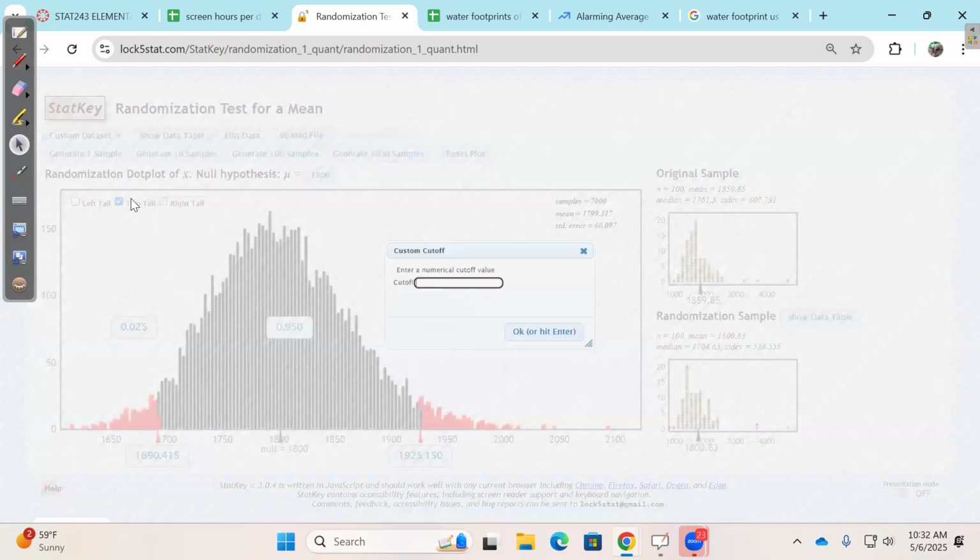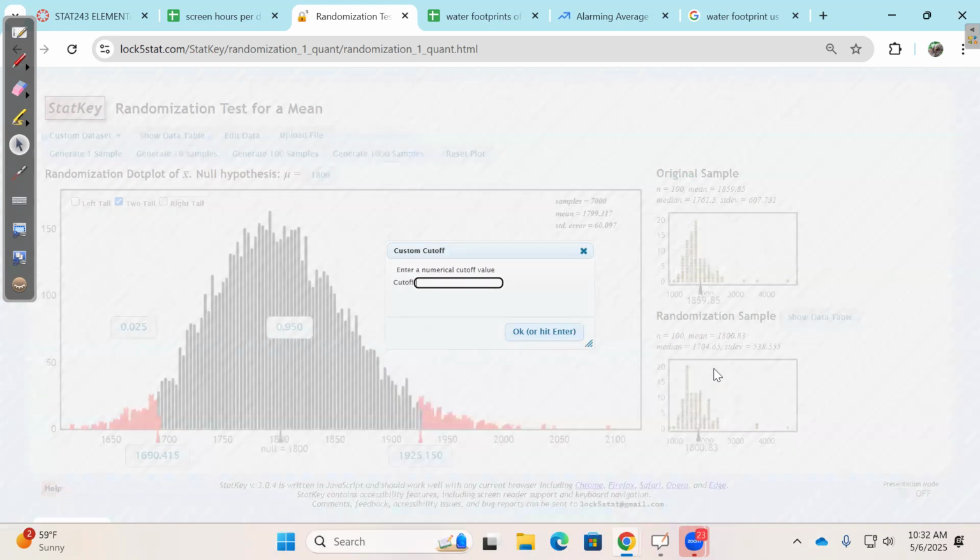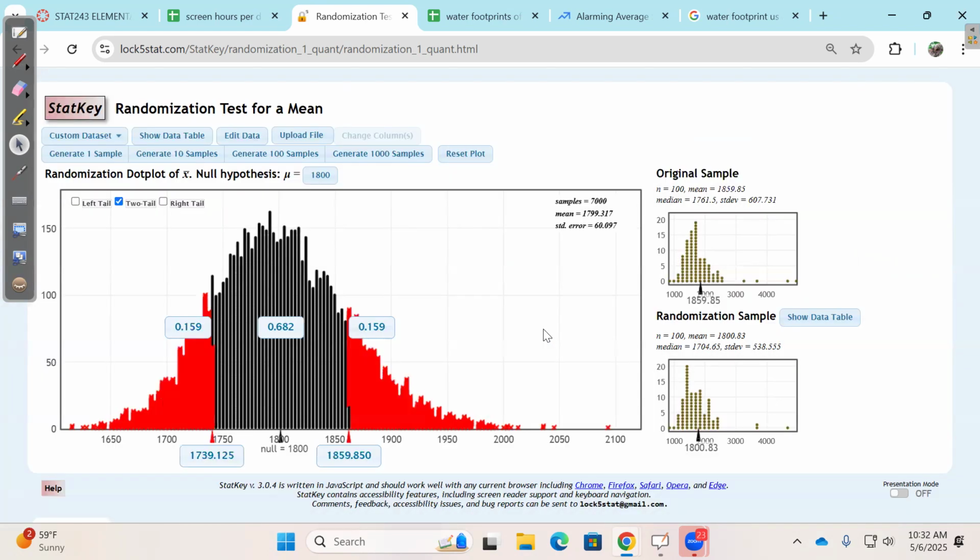So I'm going to replace that number at the bottom with the sample value, 1859.85, and I'm pulling that off the original sample there. All right, and then screenshot this and draw a sketch and explain it.